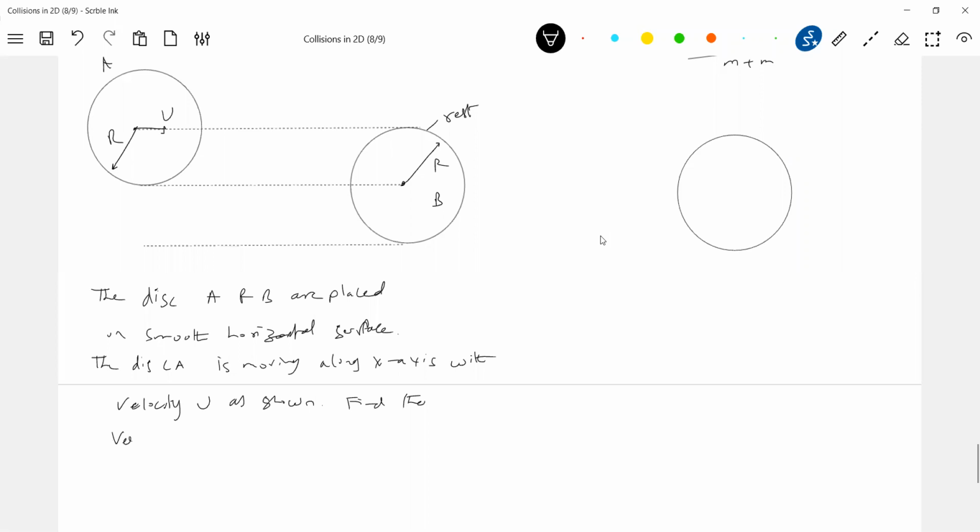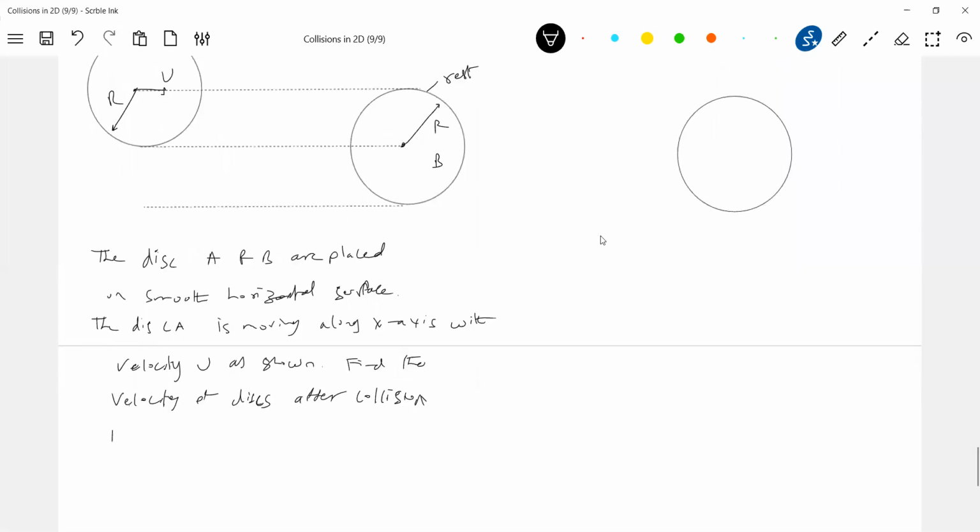Find the velocity of this after collision. First case we'll discuss for e equal to 1, second case inelastic collision.